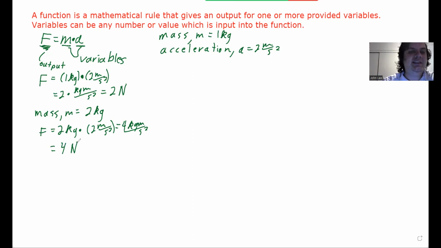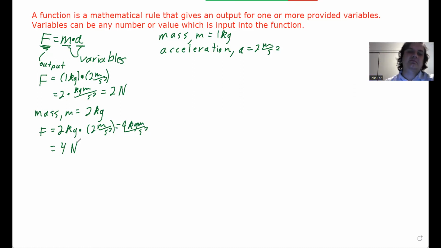So it takes twice as much force to move an object twice as heavy at the same acceleration as an object that's half as heavy as your new object. So that makes intuitive sense. That's the relationship between force and mass.